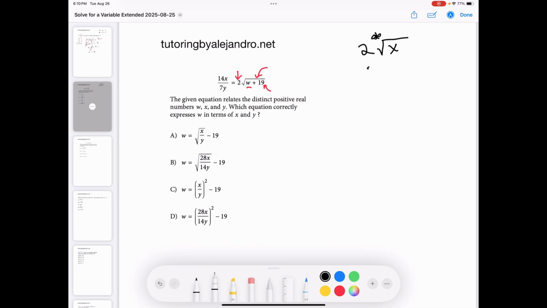Just like whenever you see a number next to a parentheses, right? That's also multiplication. If you see a number just next to a variable, even without the parentheses, that's also multiplication, okay? So the 2 is multiplying, and we're going to apply the opposite, okay? So let me just quickly write this down.